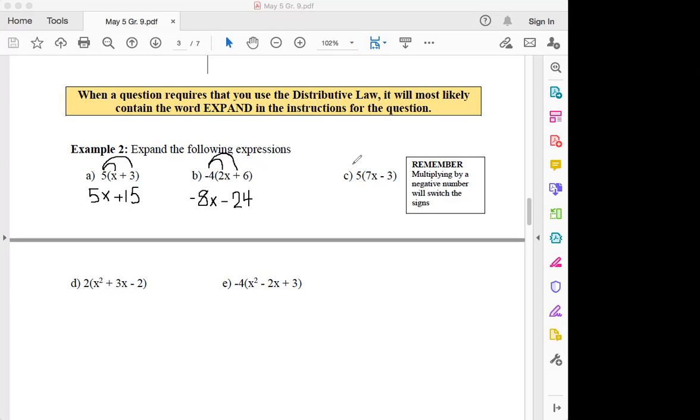Okay. We're going to do the same thing here. So the rainbow. So 5 times 7x, which will give us 35x. Okay. And then 5 times -3, which will give us -15.